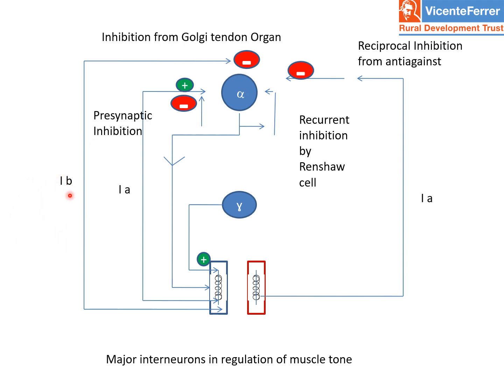As we have already discussed, this 1B fiber sends the signals through the Golgi tendon apparatus, which will sense the change in the tension of the tendon. Similarly, the antagonist muscles will also send inhibitory signals through the 1A fibers, thereby inhibiting this alpha motor neuron.